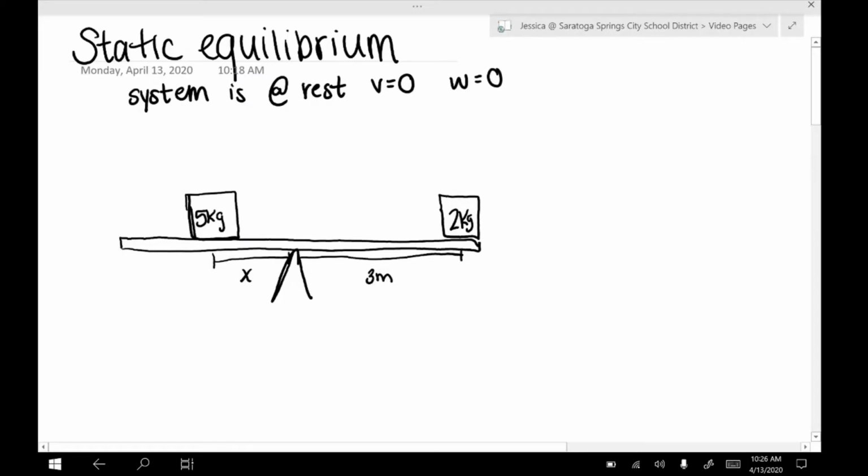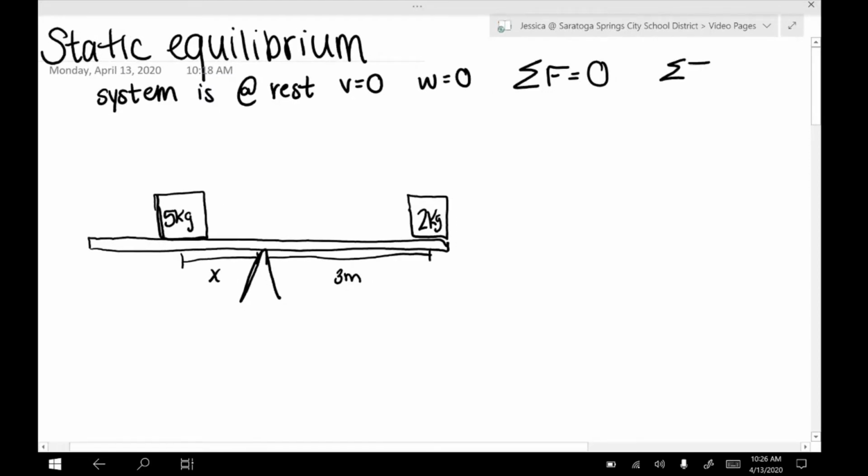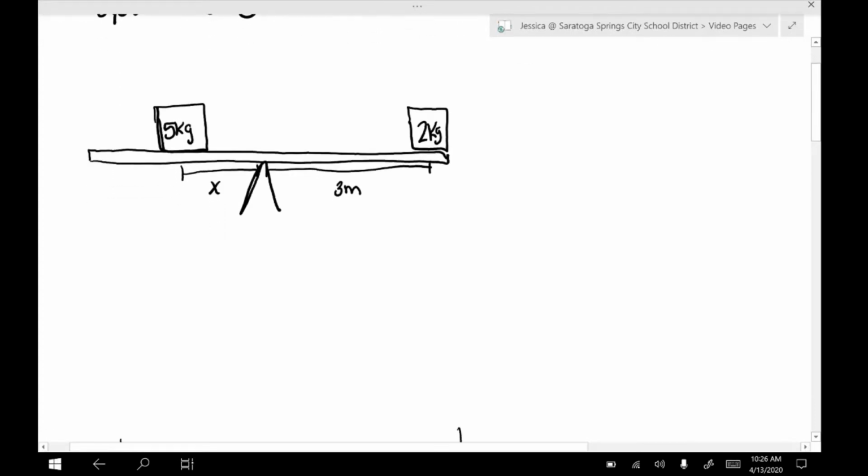In order for that to be true, we have two things that need to be true. The net force acting on the system has to be 0, and the net torque acting on the system has to be 0. Those are the equations we're going to focus on now, net torque and net force equations. In this first example, we have a straightforward seesaw problem.